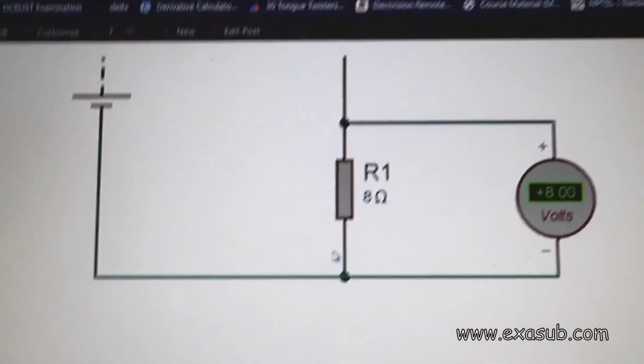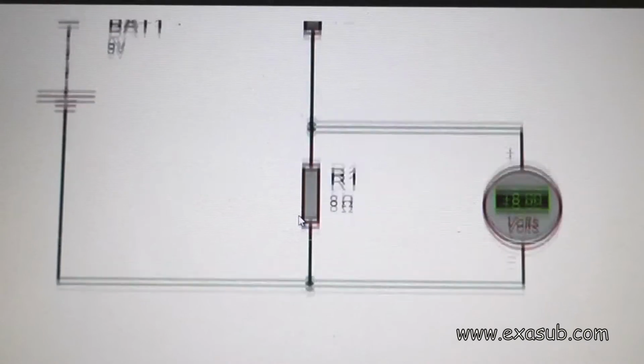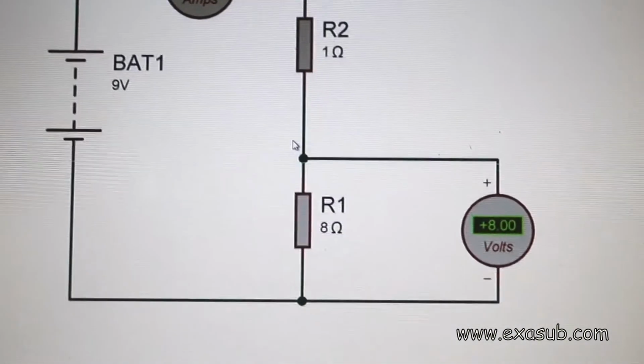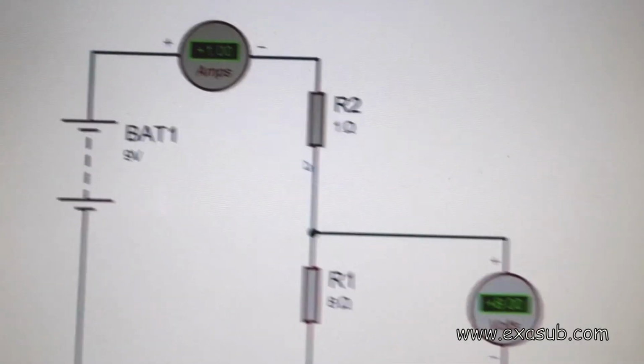So depending upon the heat energy that the resistor has to dissipate and tolerate, you need to select a particular value of a resistor.